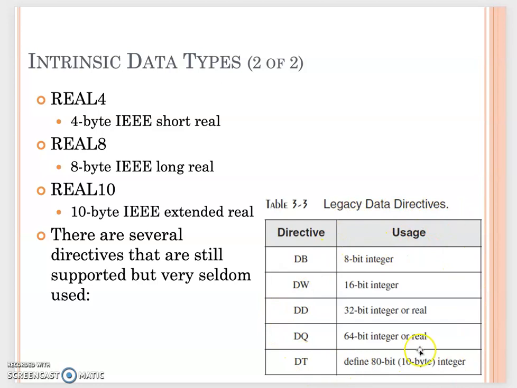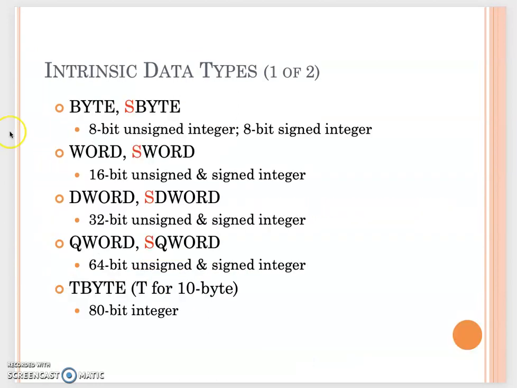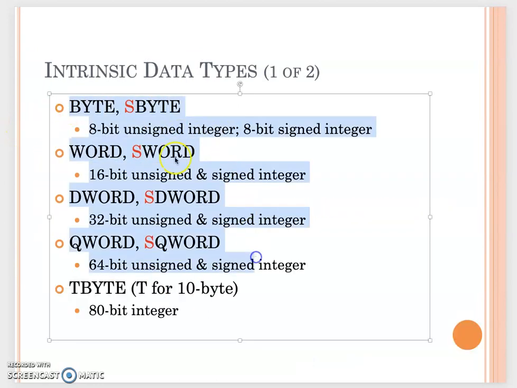In this class, we focus on using BYTE, WORD, DWORD, and QWORD. There are several directives that are still supported but seldom used. For this class, we recommend you use BYTE, WORD, DWORD, or QWORD, and if you want signed, you just add S in front.